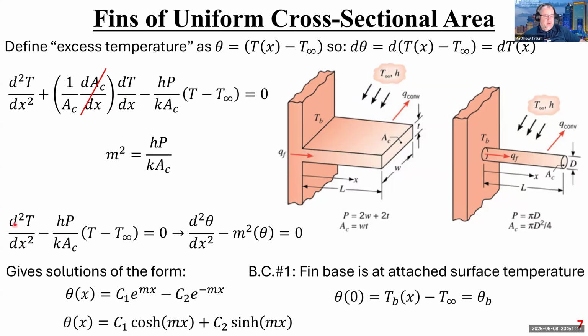So d squared T over dx squared minus hP over kAc times T minus T infinity. We're going to use our T minus T infinity as theta, and our derivative of T minus T infinity is d theta. And we're also going to use this definition for lowercase m. So m squared is equal to hP over kAc.